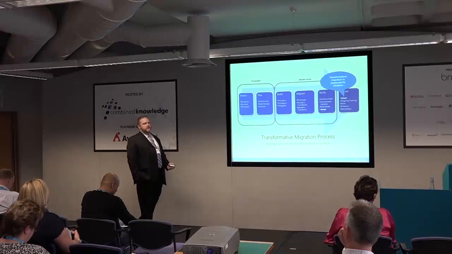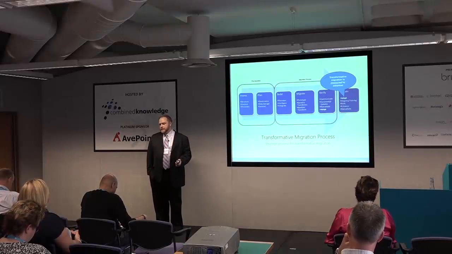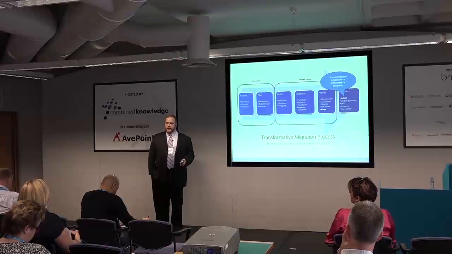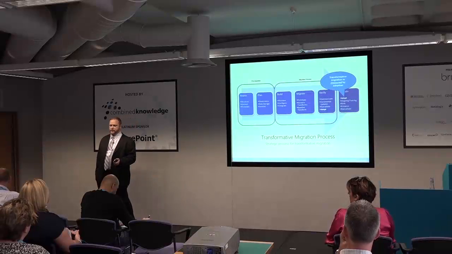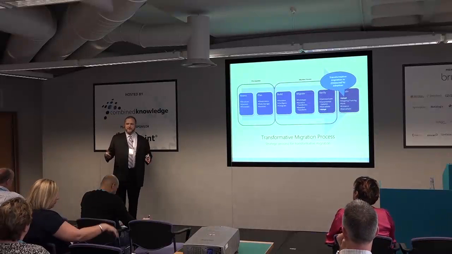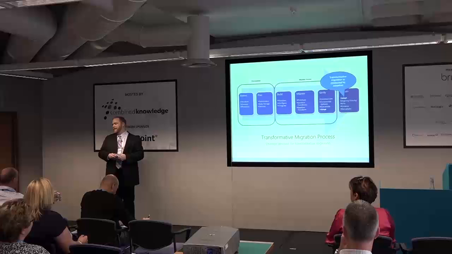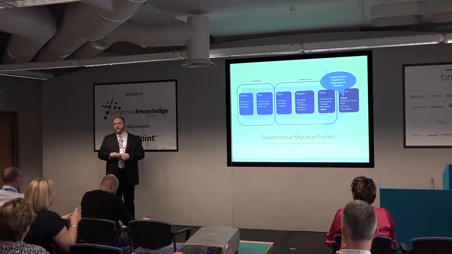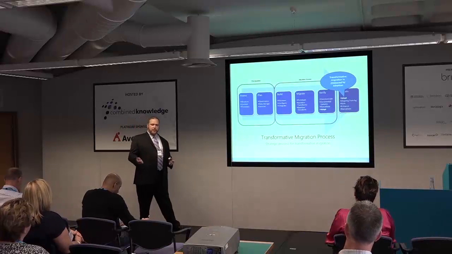A transformative migration is measured by the adoption of the user. Not just everybody that's logging in, or how many people have loaded the home page, which if you're embedding it in the browser makes it really easy to inflate that metric. That is not what I'm talking about. I'm talking about the measured adoption of the processes defined in governance, right? How many people are creating sites?